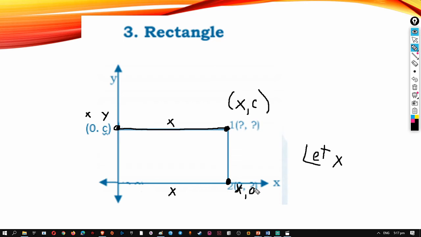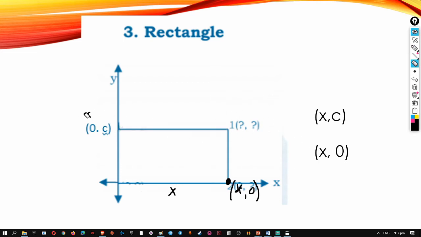So, that is 0. The answer is x, c para sa number 1, and then x, 0 para sa number 2. Burahin na natin.